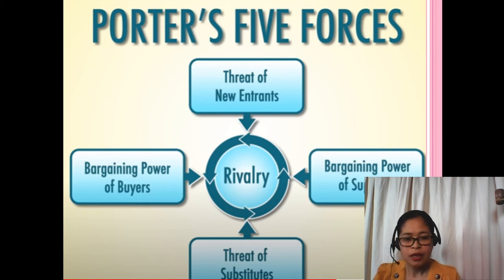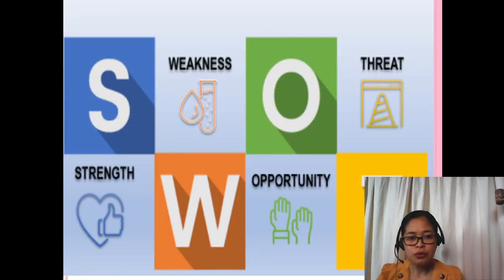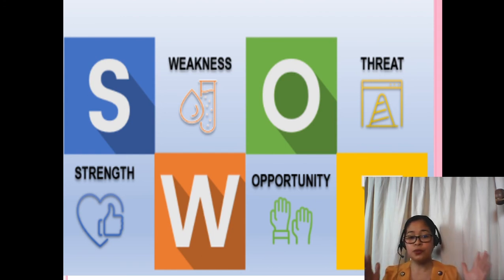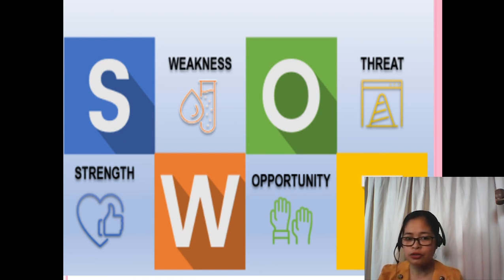All right, now let's go to the SWOT analysis. We are going to consider the strengths and weaknesses of our company, which are internal. We are going to consider the opportunities outside, and we are also going to consider the threats. Say, for example, your business has extra capital. That is an internal strength, right?